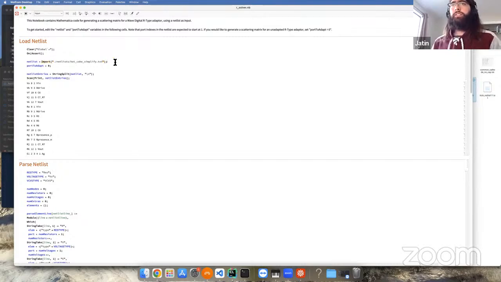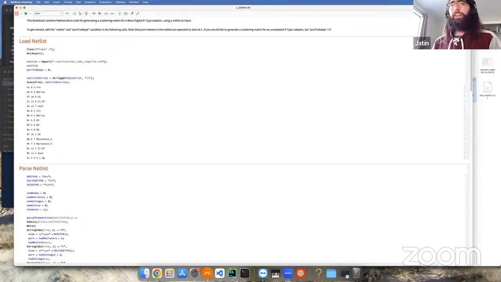Oh boy. Okay, let's see if I can remember how to do paths locally here. Import. Okay, maybe it'll just work.